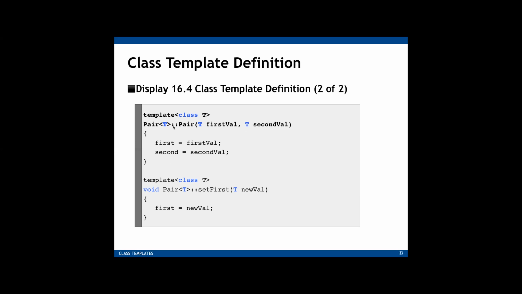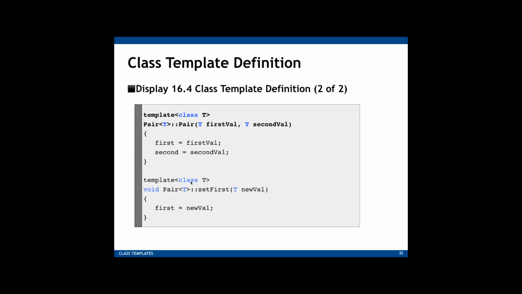The constructor for an ordinary class does not specify this type parameter. It only specifies the class name, which is Pair. But because this is the constructor for the template class, we also put the type parameter T before the class name, and we specify the types of the parameters using T. So that is the different part. The other parts are exactly the same as defining an ordinary class's constructor.